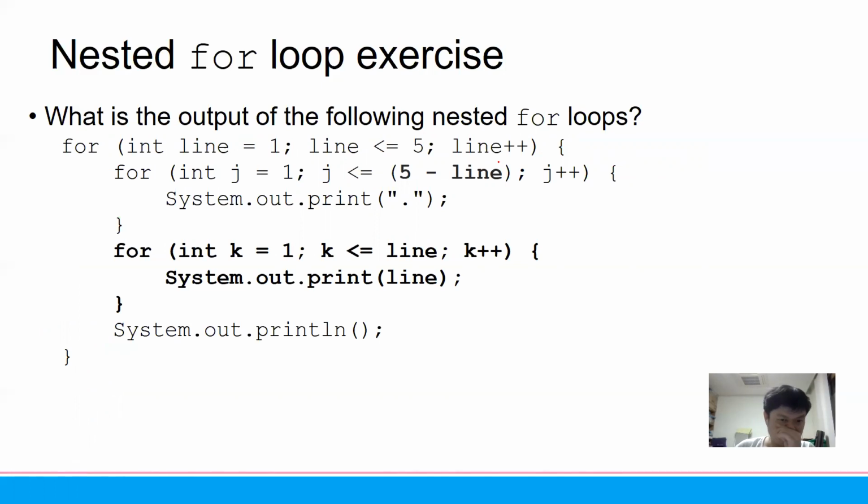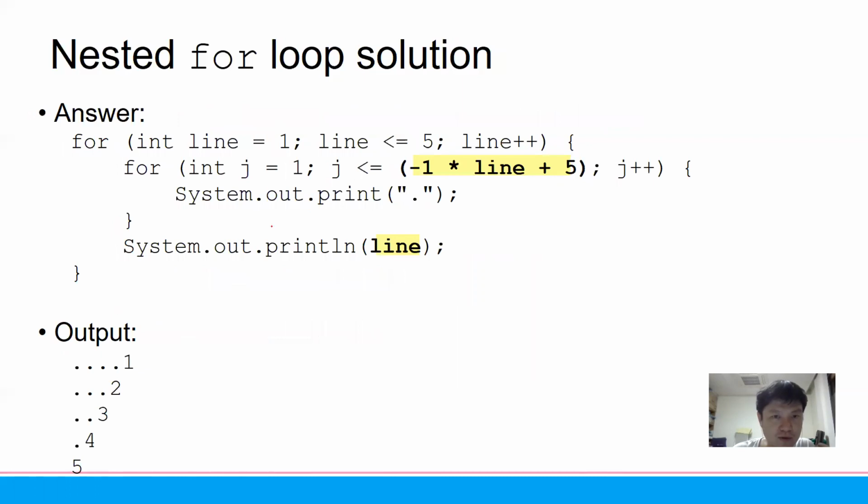We can also have a different way to deal with the nested loop. If we are using 1 2 3 4 5 like this, we just build the formula. The formula that we know here is this one.